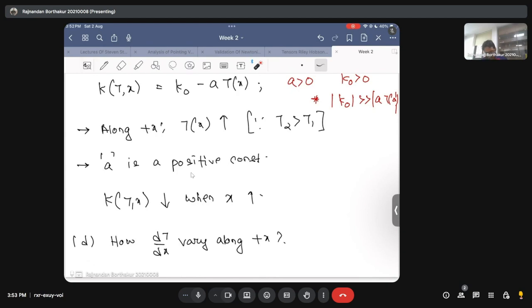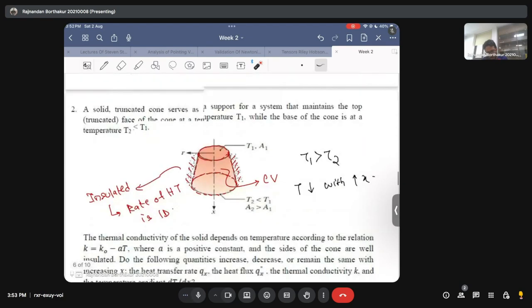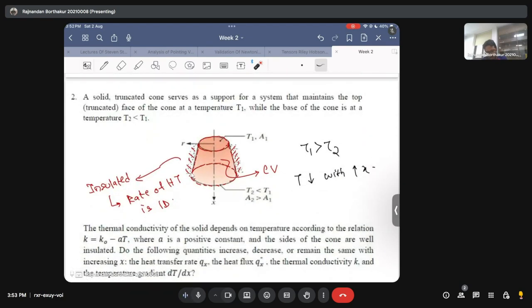Okay, I'm very sorry. I guess I made a mistake here. I had it the other way around. It says that your temperature is actually decreasing along the plus x direction because your T2 is less than T1. I'm sorry for that.